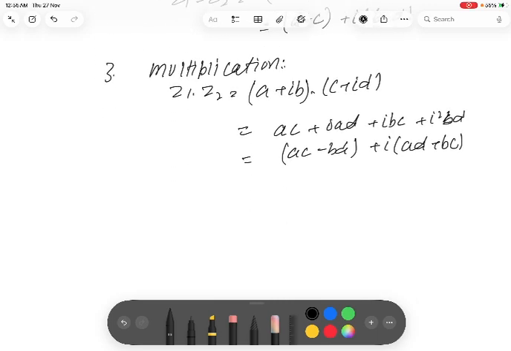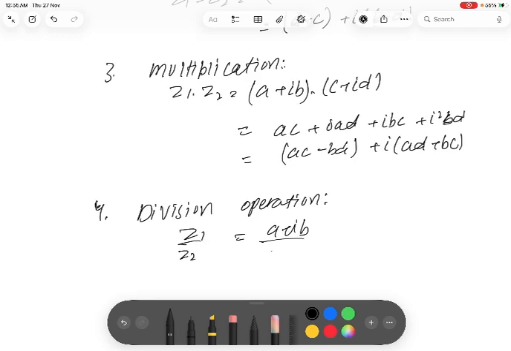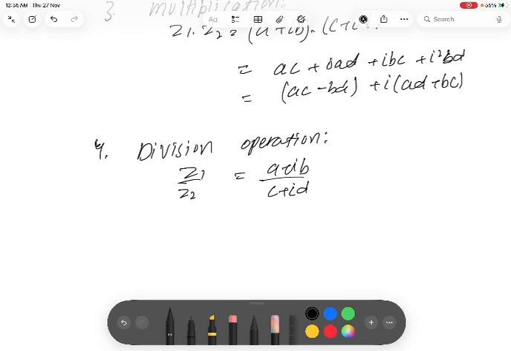Now we will see the division operation. That is z1 upon z2, that is equal to a plus iota b upon c plus iota d. In this case, we multiply the numerator and denominator by the conjugate of the denominator, that is c minus iota d upon c minus iota d.